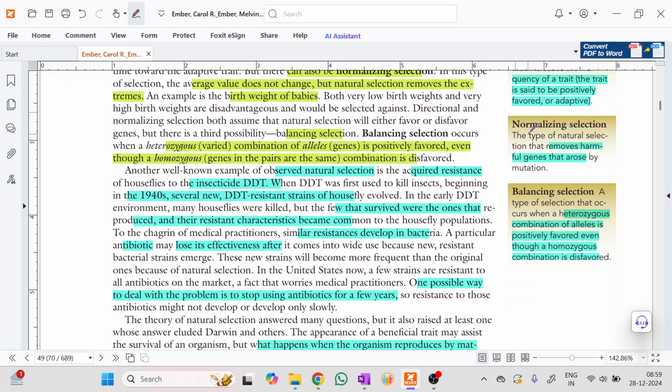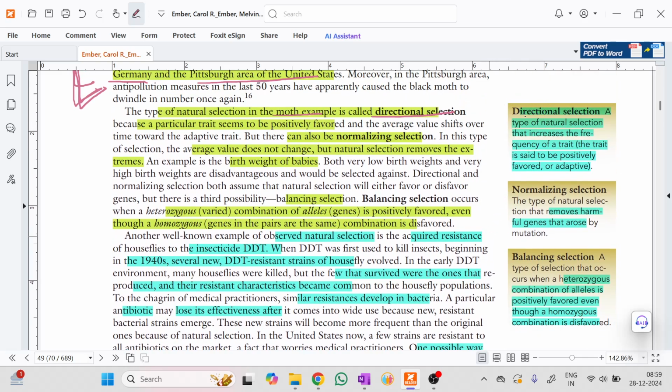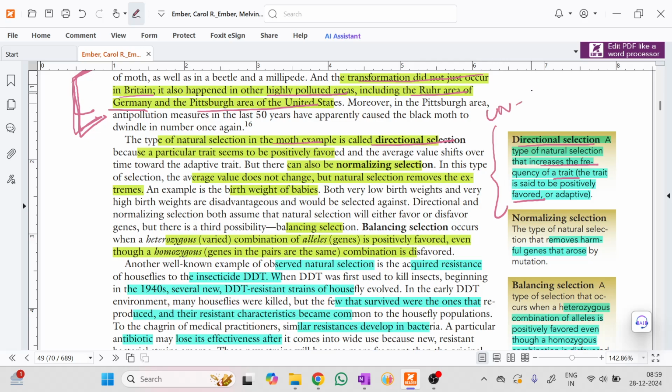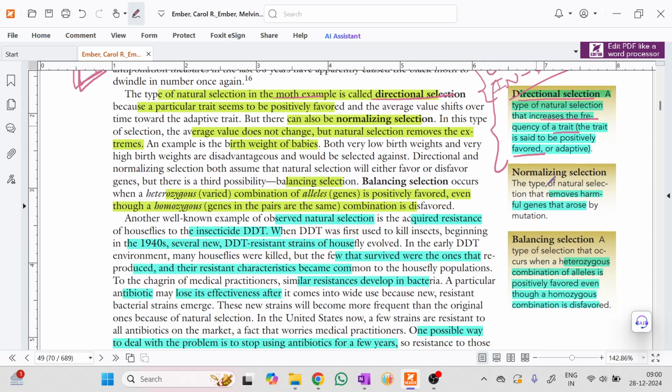So let's see the three types of natural selection. Directional selection is a selection that increases the frequency of a trait that is positively favored. So in unindustrialized areas, it is the gray or lighter color, and in industrialized areas, it is the darker variant that has been favored. Now let's talk about normalizing selection.